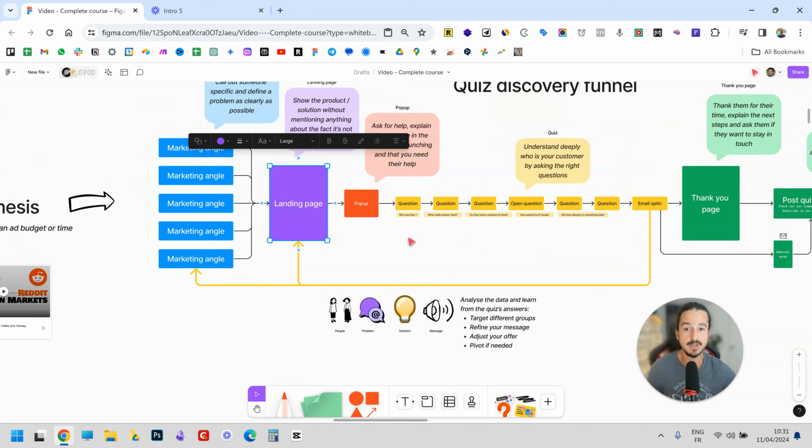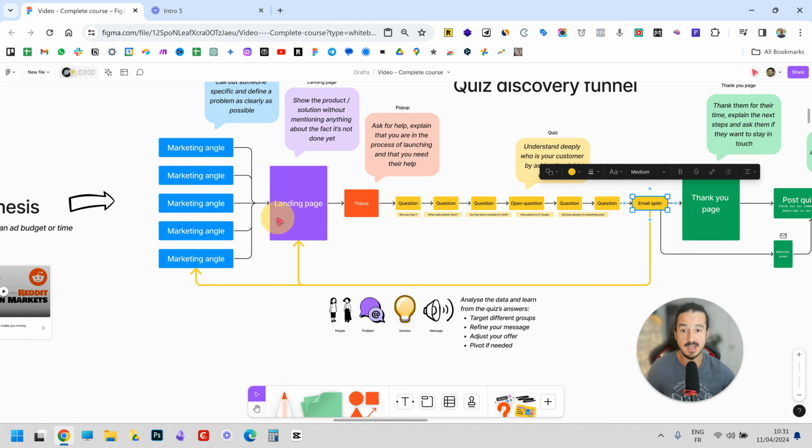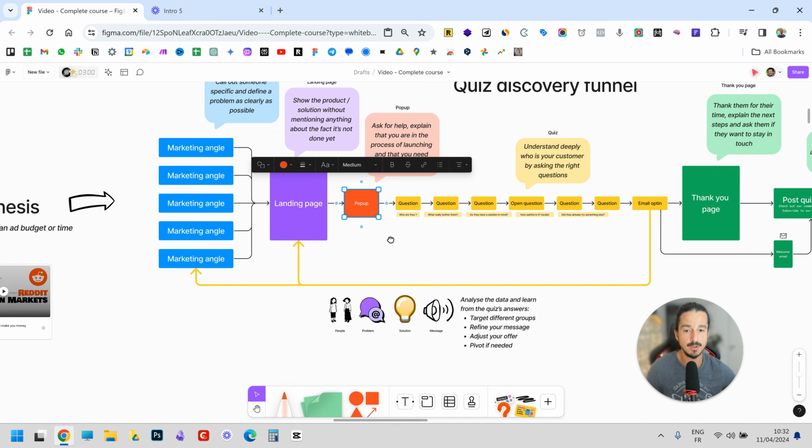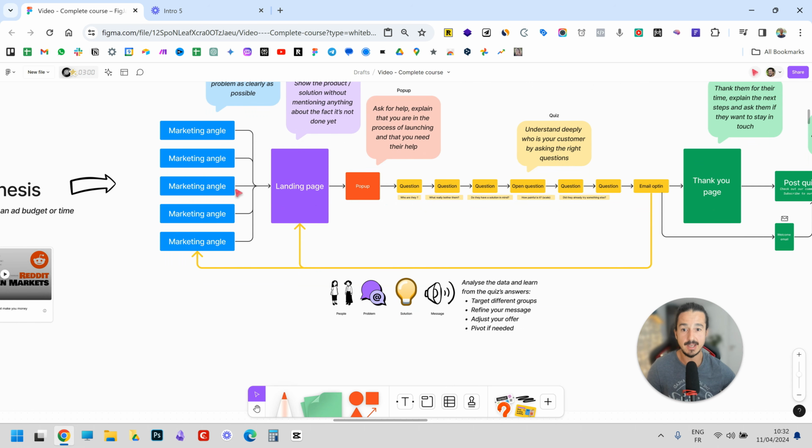And how do we learn that? We learn it by trying to understand what people are telling us in the quiz, but also by looking at the numbers. What is resonating with people on Facebook ads? What generates the most clicks? What generates the most leads? What is the conversion rate on the landing page? What is the conversion rate on the pop-up? And so on. We do that by looking at data, and also looking at recordings.